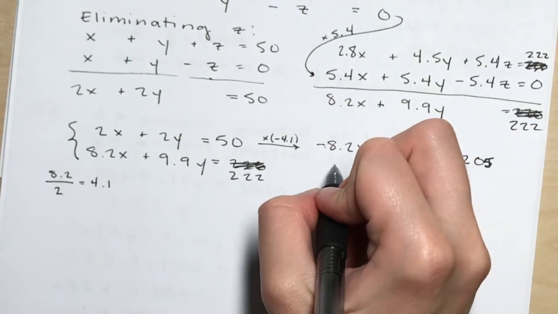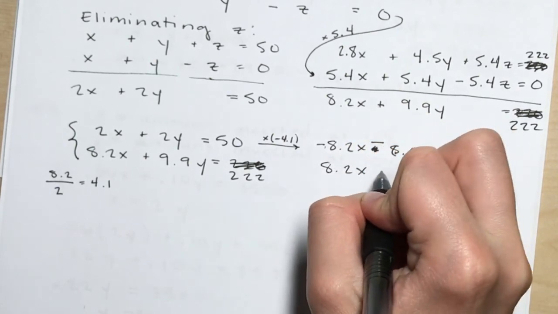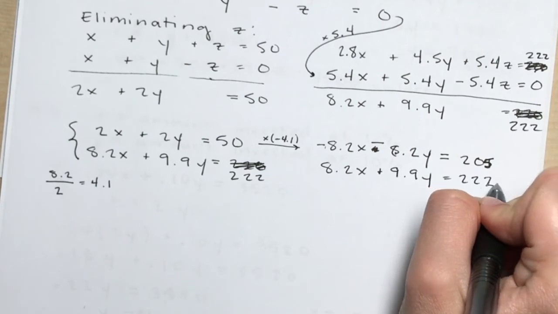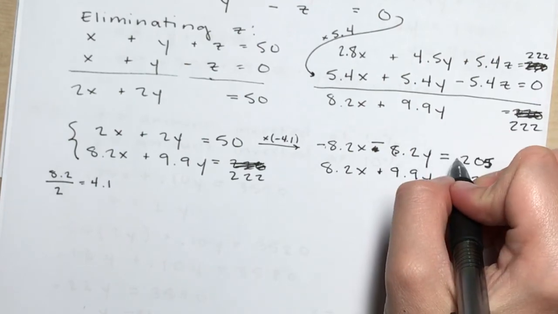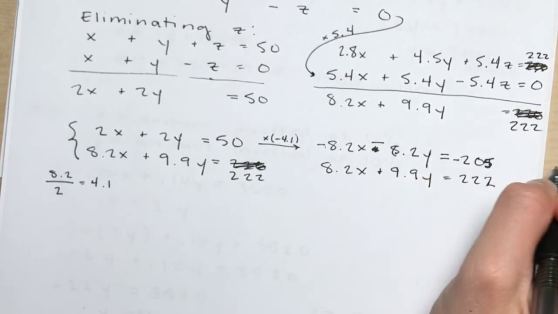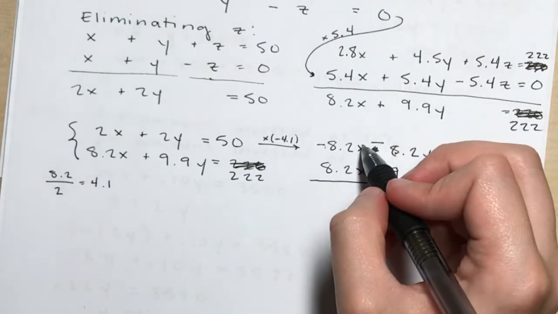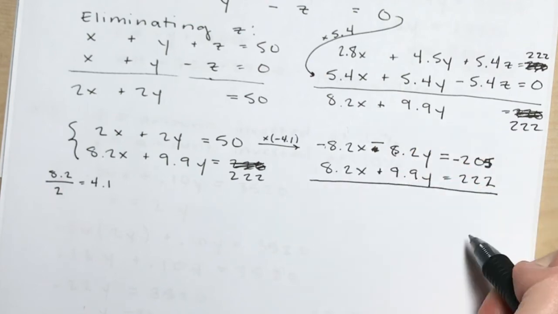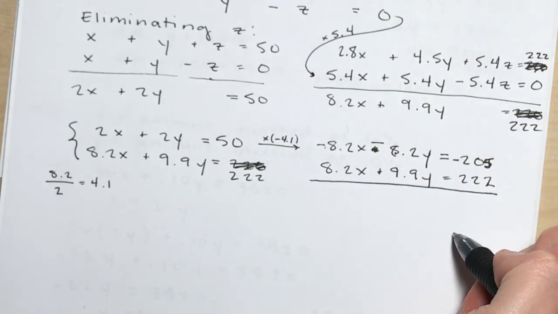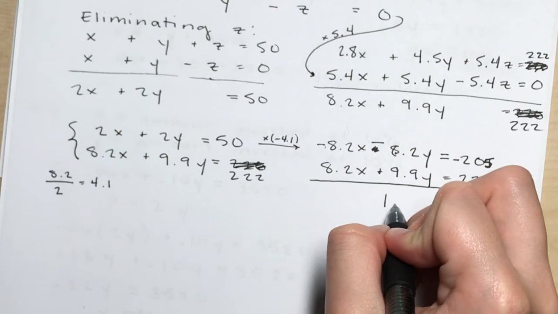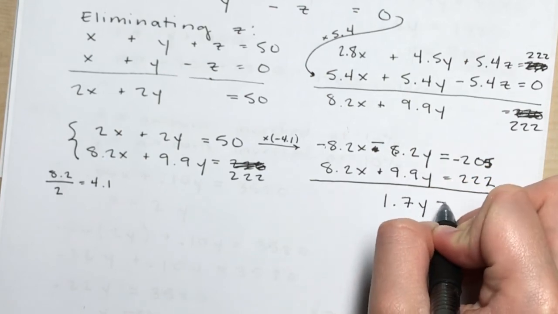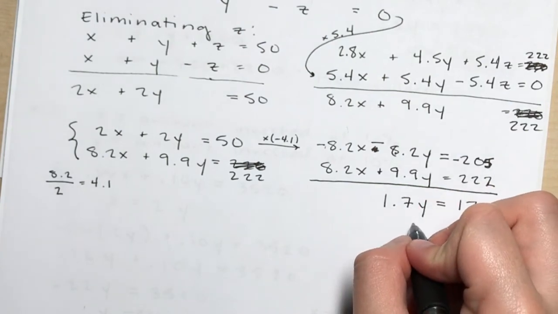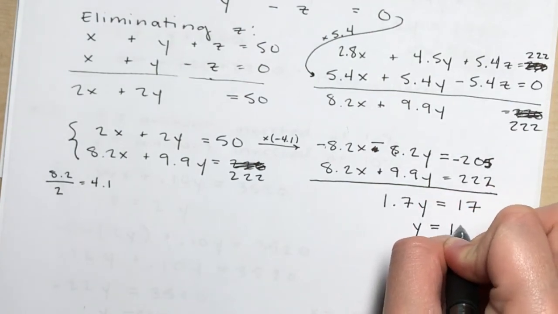And this one comes right over, so we have 8.2x plus 9.9y is 22. This should also be negative. We add these together, we get 0, right? These have been eliminated. We've eliminated x. We end up with 1.7y, and lastly 17. So y here is 10.